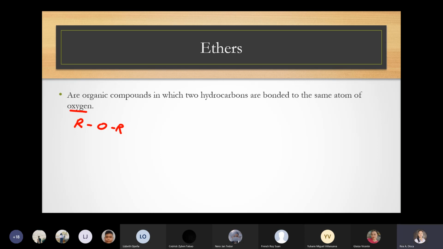Ethers, like alkanes, are not very reactive compounds. So, they are commonly used as solvents.